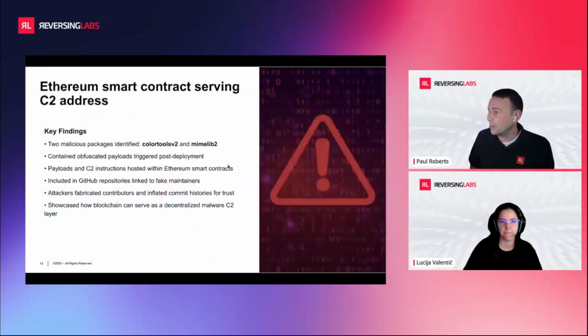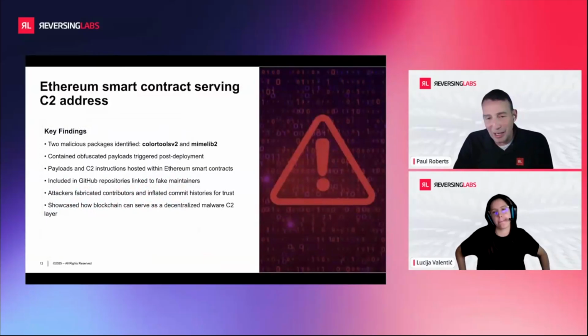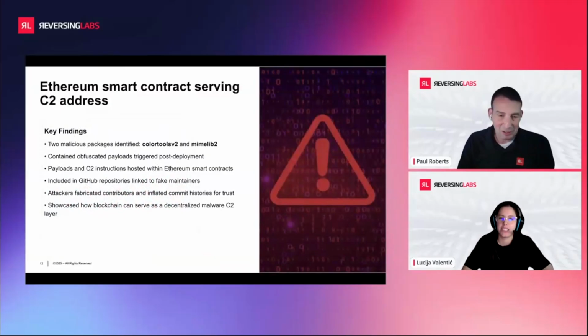And one of the really interesting things that you discovered were these GitHub repositories that were part of this campaign, and really linked to these kind of phony maintainer accounts or sock puppet accounts.